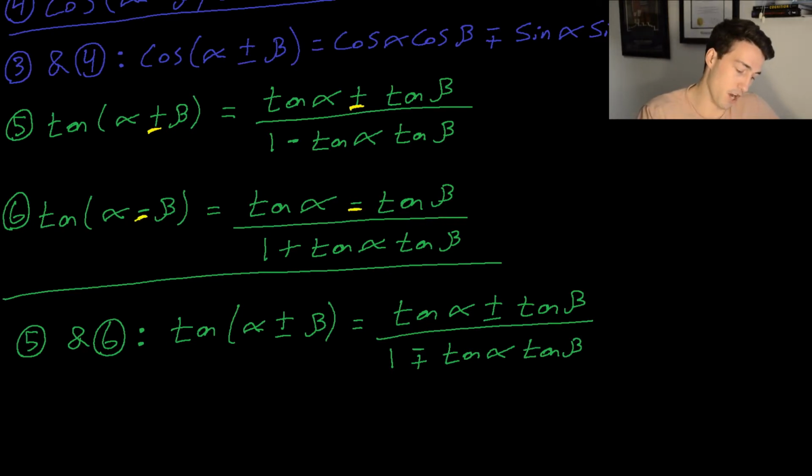But when we go to the denominator, we can see that we have a minus corresponding to this plus, and this minus corresponding to this plus here. So similar to the cos identity, we'll have tan of alpha plus or minus beta equal to tan alpha plus or minus tan beta over 1 minus or plus tan alpha tan beta. So that order actually does really matter.